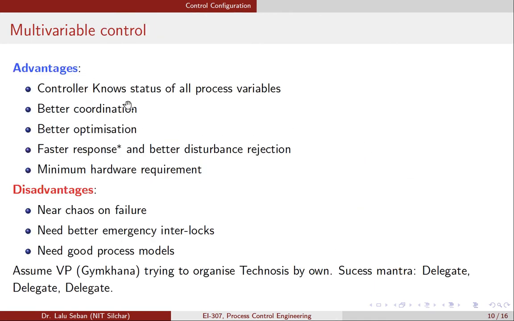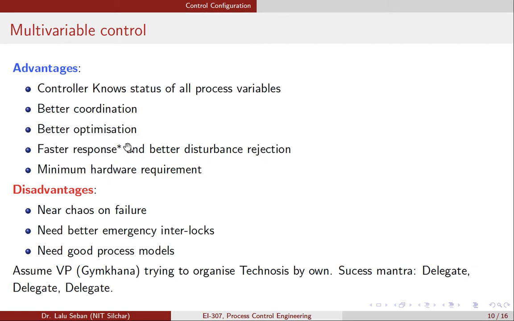Now, what are the advantages? We will discuss it once again. The advantages will be, the single controller knows the status of all process variables. There will be better coordination because a single person is doing it all alone. And a better optimization is also possible because the single controller can mathematically optimize Y1 and Y2 along with U1 and U2.